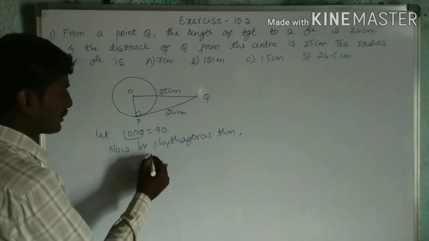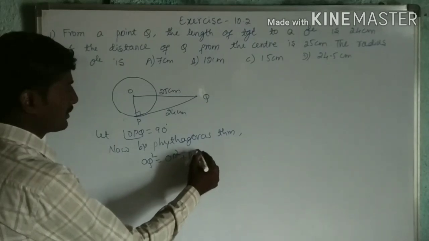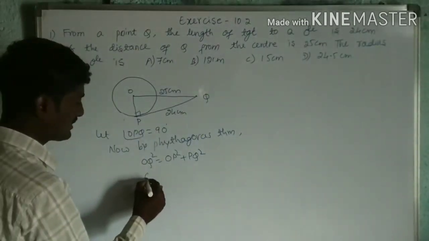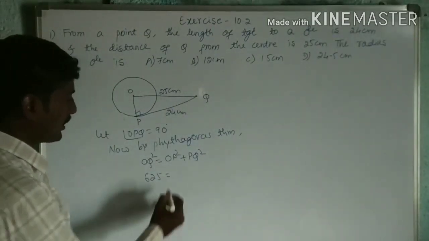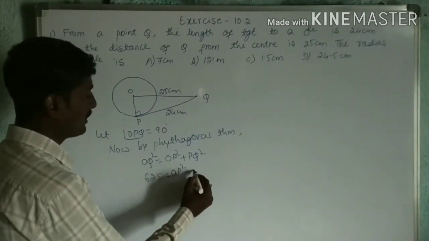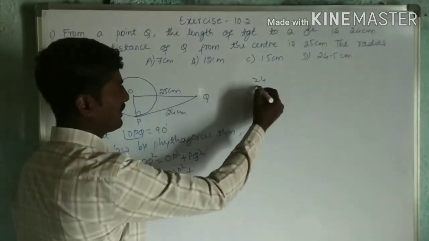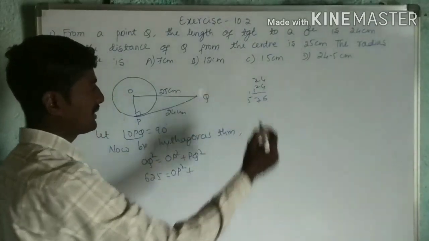OQ square is equal to OP square plus PQ square. So here OQ square, that is 25 square, that is 625, is equal to OP square, which we have to find, plus 24 square. How much is 24 square? It is 576. Am I right?